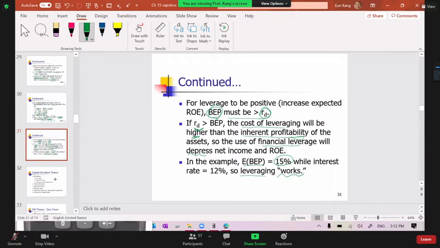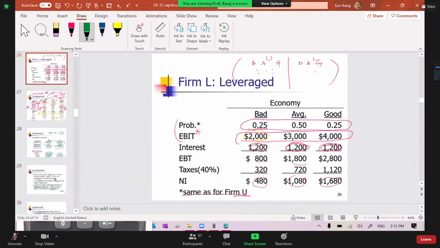But if your return is less than the interest rate, then you are getting less than your cost. So even with the tax benefit, you lose money. That is clearly shown here.